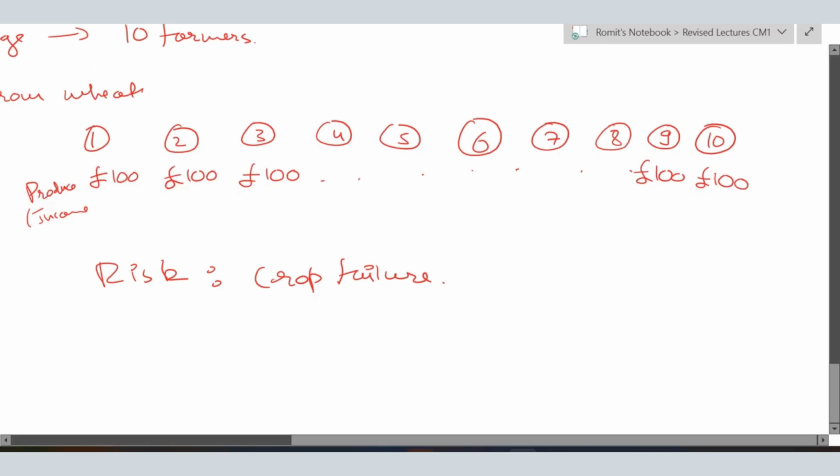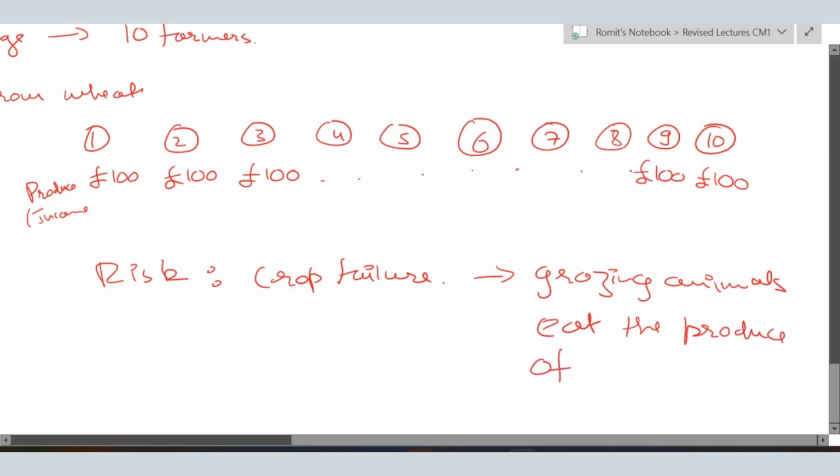They come into the fields of these farmers, and in any year grazing animals eat the produce of 2 out of 10 farmers.